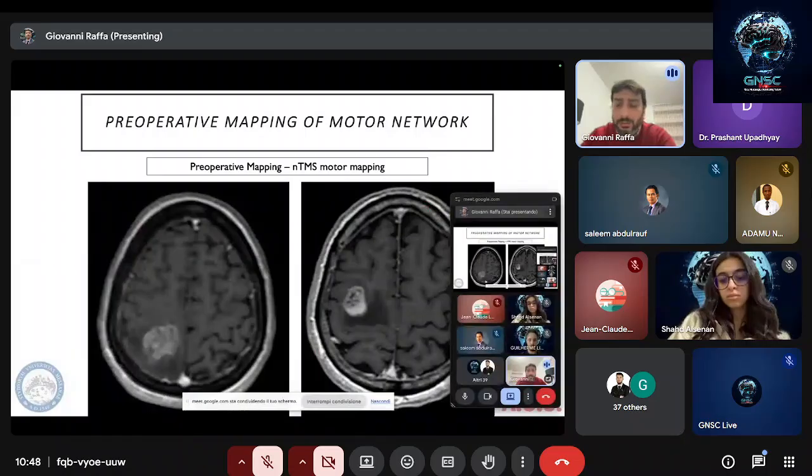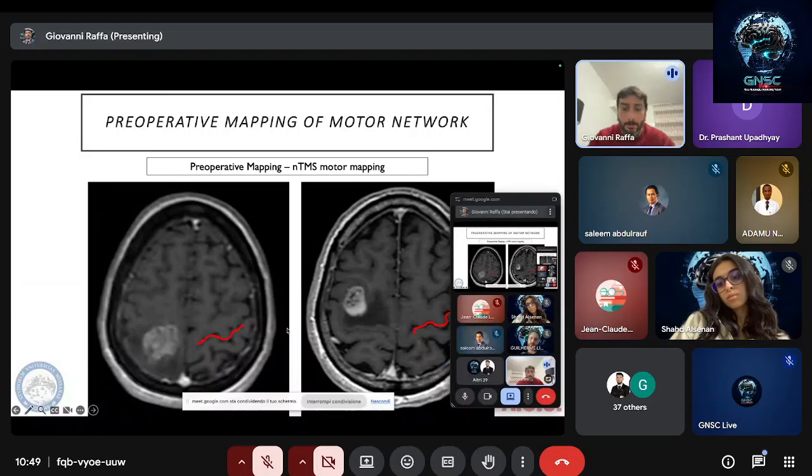There have been a lot of papers published in the literature, but I want to show some cases. These are two different cases with a lesion that could be considered located in the Rolandic area. If you look at the unaffected hemisphere, you can see the omega sign, so you can see the central fissure.